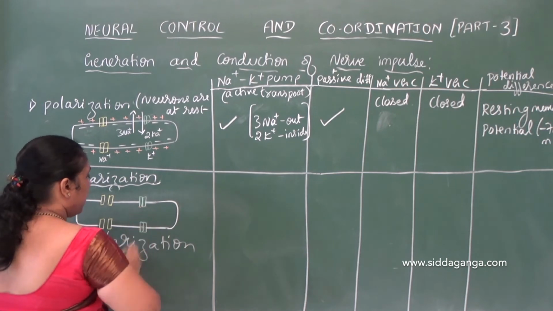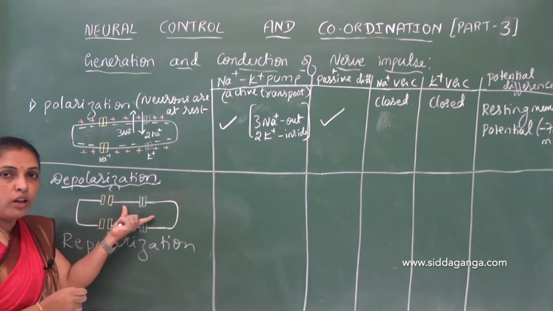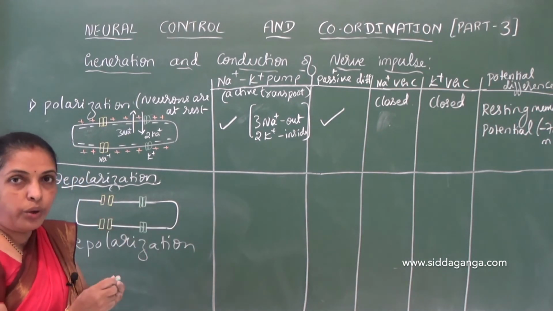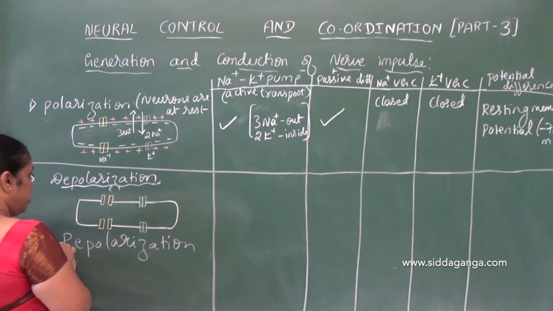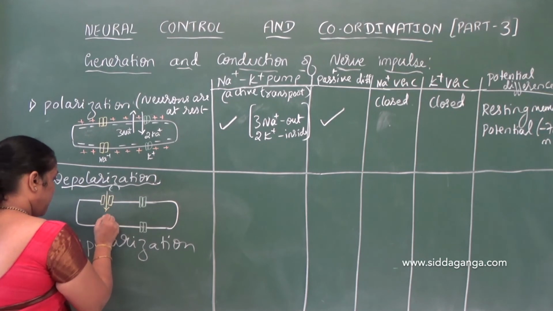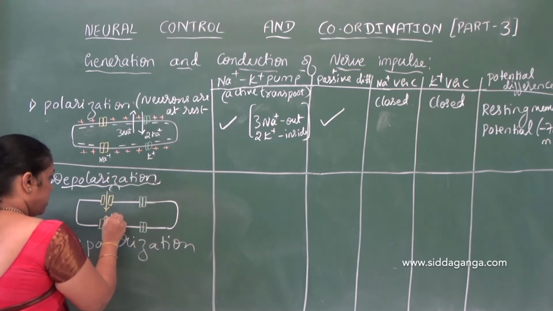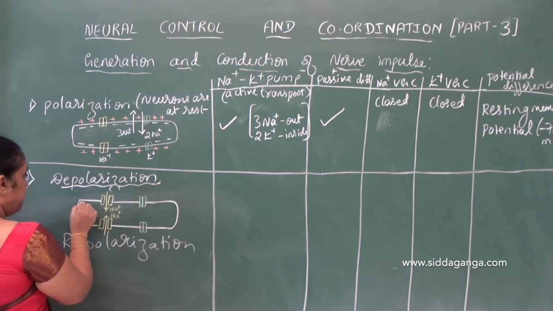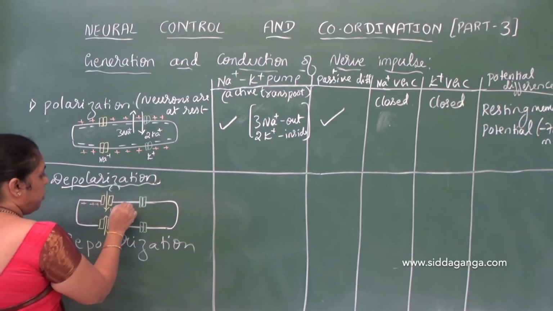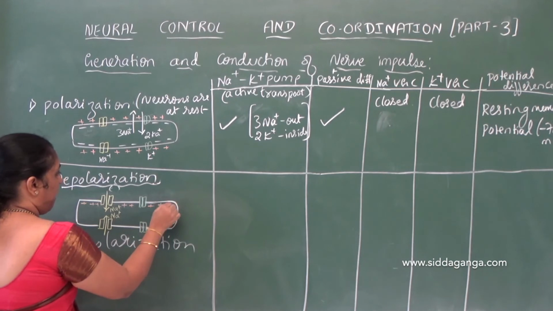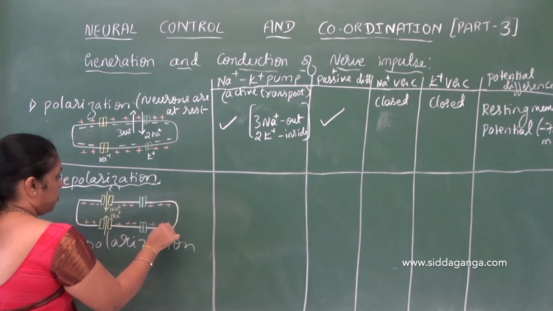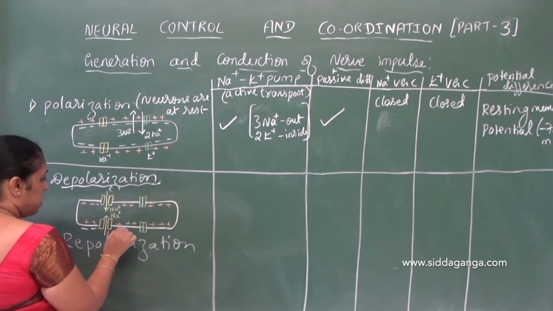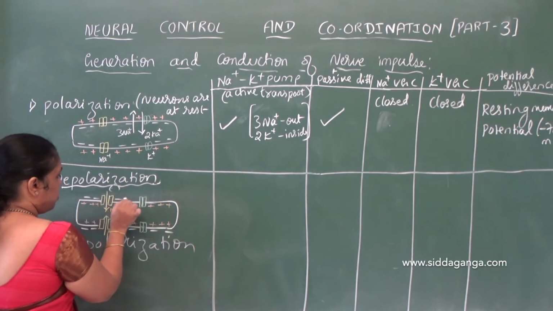Your textbook diagram does not show all this, but you can also explain using the textbook diagram. So there sodium is opened. This results in development of positive charges inside and negative charges outside.